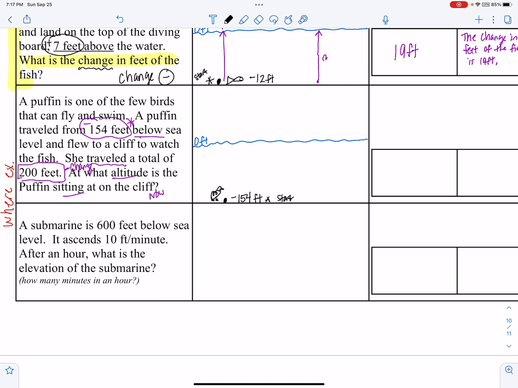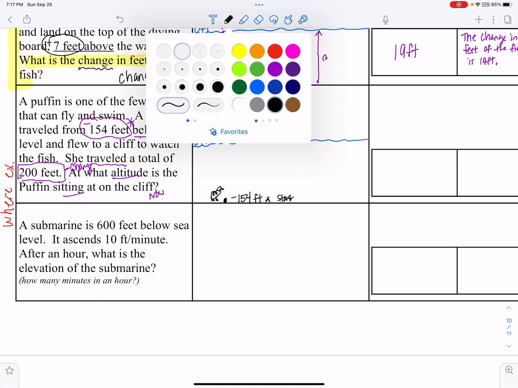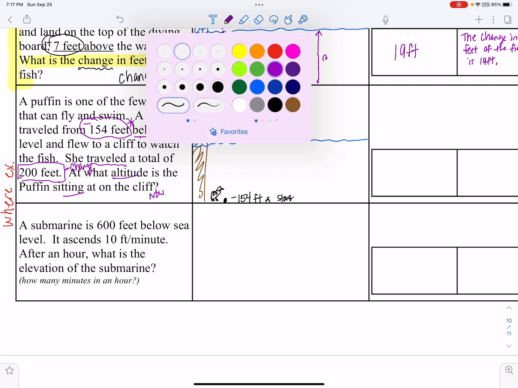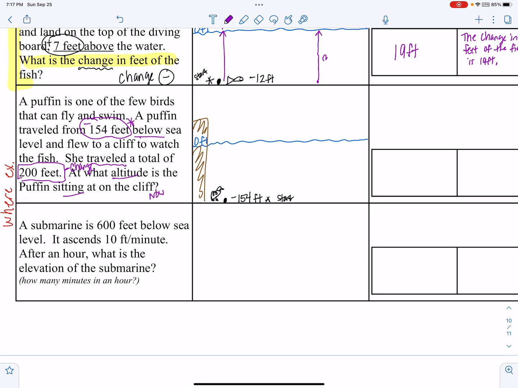And then it traveled a total of 200 feet to a cliff. So I'm going to draw my cliff here. So there's my cliff. Okay, and I need to show the traveling. So this is going to be an arrow because it's the distance I traveled to get there.